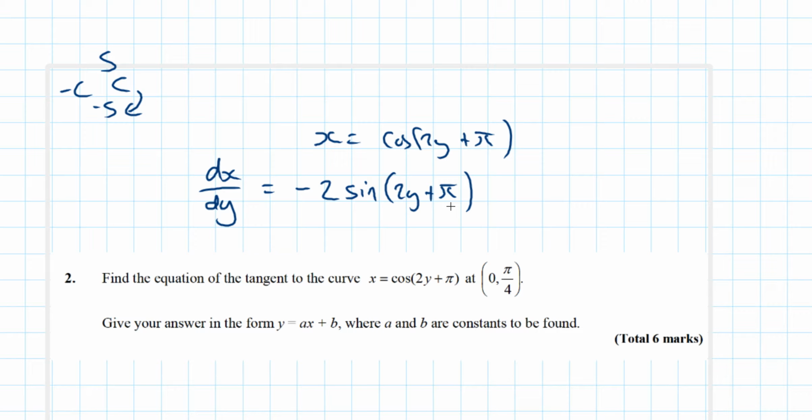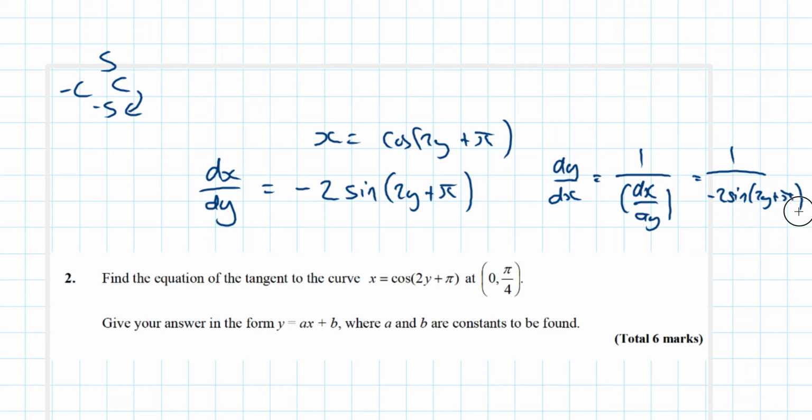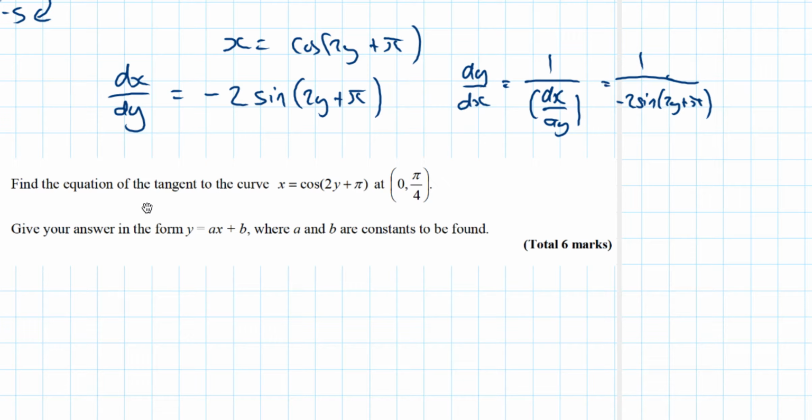And then because we want it in the form y equals ax plus b, in reality we want to find what dy/dx is. We're going to say that dy/dx is equal to 1 over dx/dy, which is equal to 1 over minus 2 sine (2y plus pi). Again, the reason we've done this is because we want to find the gradient. We're looking for the tangent to the curve, so we need to find the gradient.